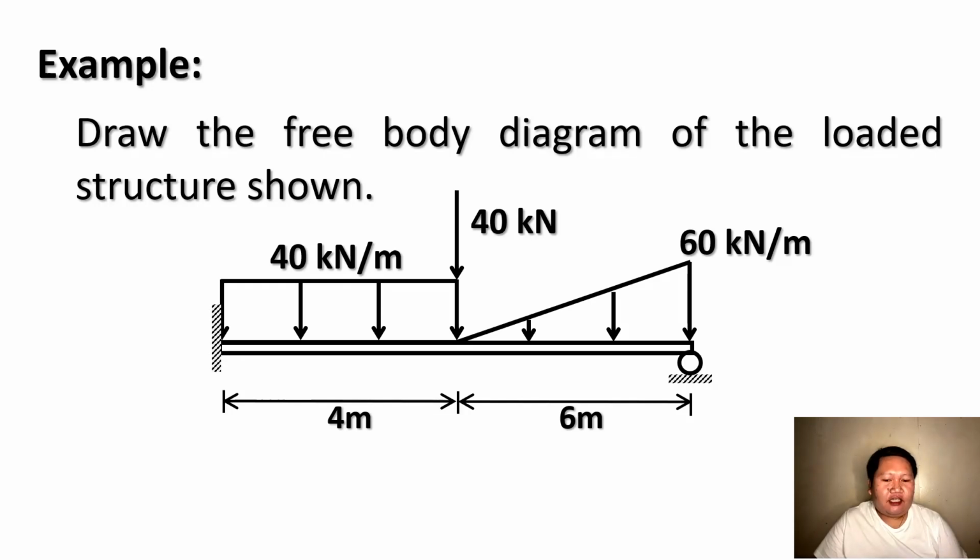As you can see, at A it's a fixed support, and at C it's a roller. So we translate A into vertical, horizontal, and moment. And then at C, we removed the roller support and translated it with a different force.